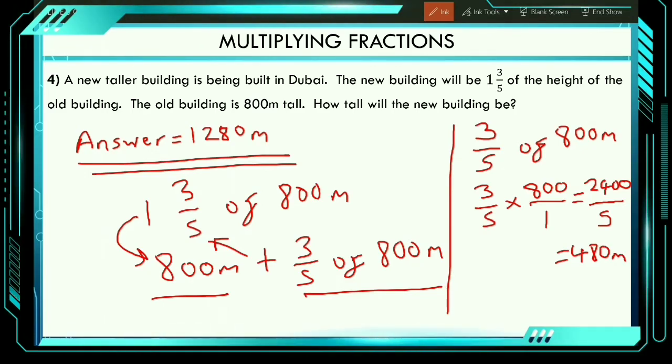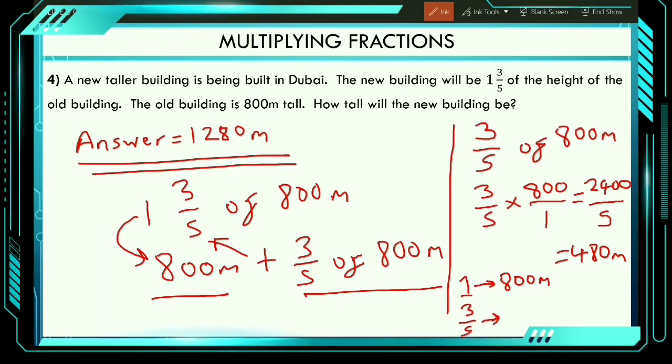Now we've got 480 meters, that's the 3/5. So if we know that the 1 symbolizes 800 meters, and if you also know that the 3/5 represents 480 meters, then together that is the size of the new building.